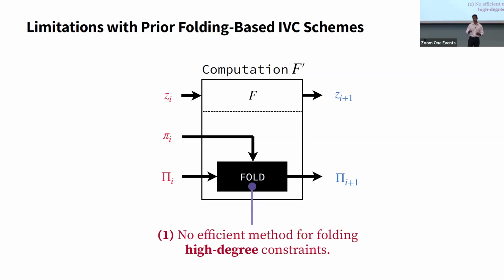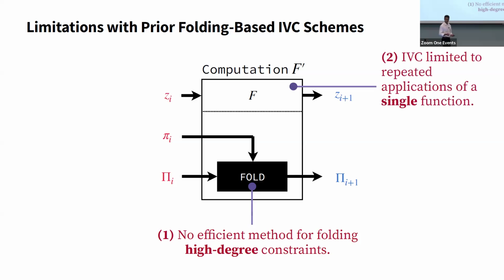And by extension, this means that we can only represent the IVC function f using quadratic constraints. And while technically any computation you want can be represented using just quadratic constraints, ideally for certain computations, you'd like to support higher degree constraints, such as degree 3, degree 4, degree 5 and so on, because that could be much more efficient for certain types of computations.